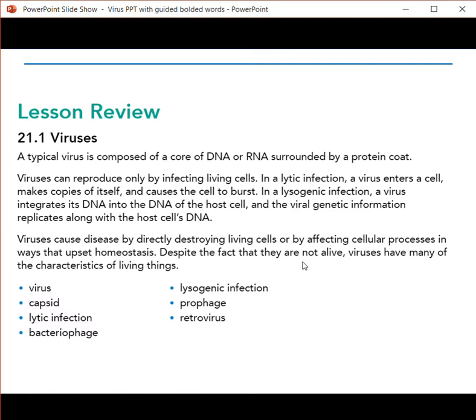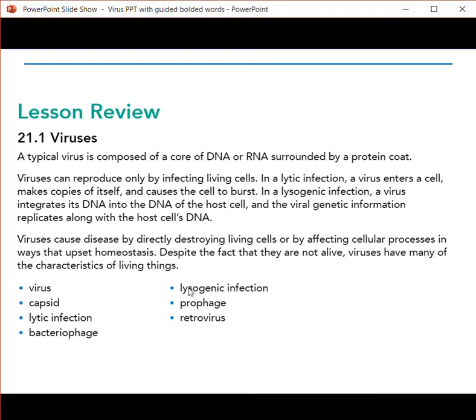So when I say the virus integrates its DNA versus the virus embedding its DNA, both of those words in this instance are what we call synonyms. You guys should know that word from Mr. Newley or from Mr. Pigeon and Miss Heckman. All right, let's move along.